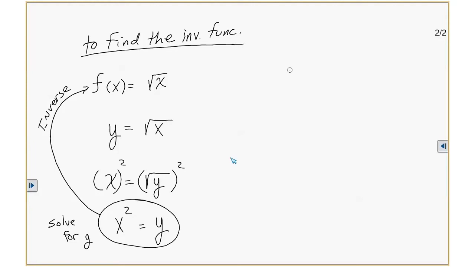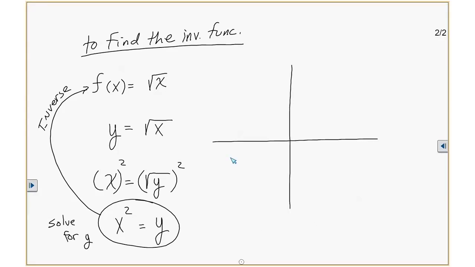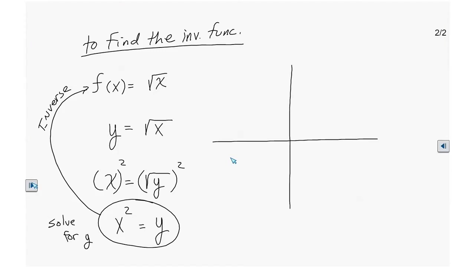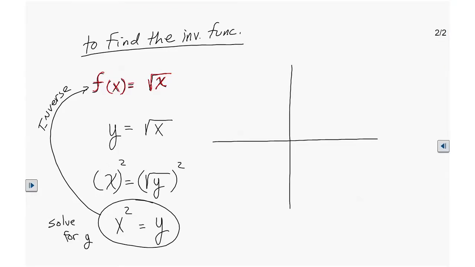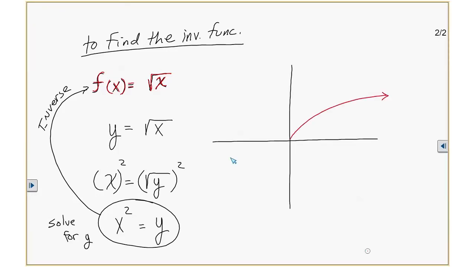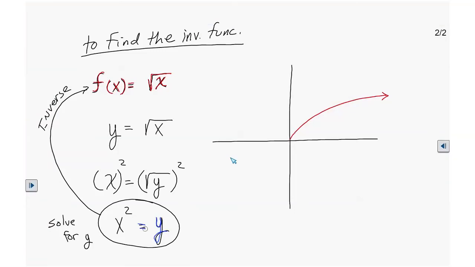So we know that, and I'll do this in red, f of x is equal to square root of x, and it looks like this. Y is equal to x squared.